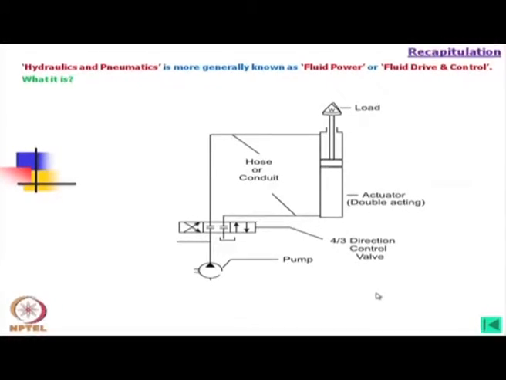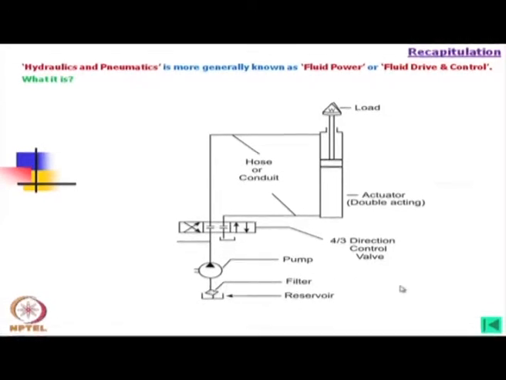Then this would work, but we need a reservoir from where the oil is taken. We also need filtration of that oil, because we can pour the oil inside the reservoir after filtration, but in each and every stroke the rod end is exposed to the atmosphere, where it may catch dirt which will go inside, and that oil will be returned to this tank, and then it needs further filtration.